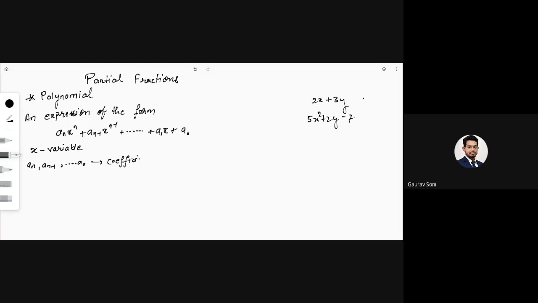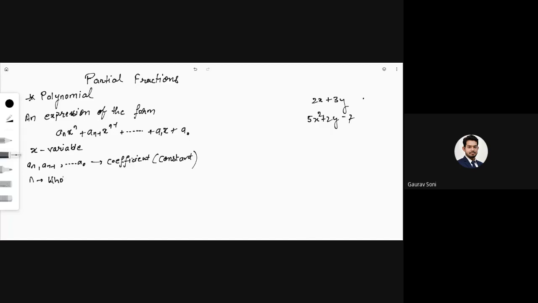What do we mean by coefficients? These are numbers. In mathematical terms, we say that it is a constant. So if you don't want to get into a lot of mathematics, just remember that these are some numbers. x is a variable, and what is n? n is a positive natural number or whole number.